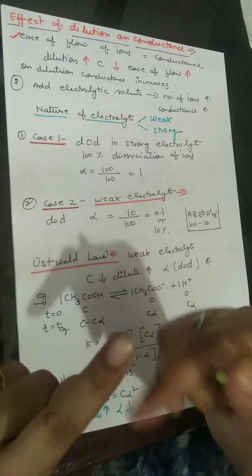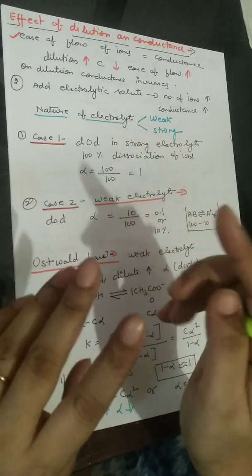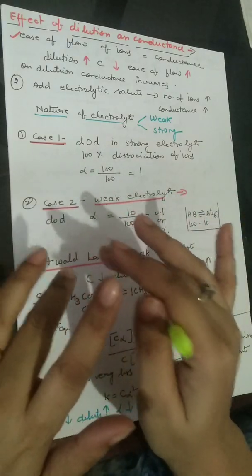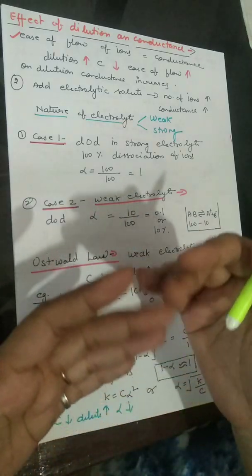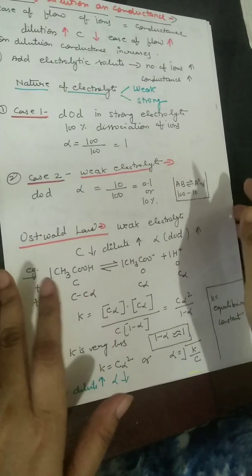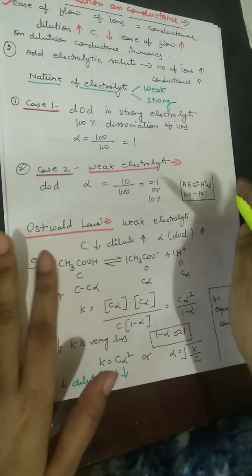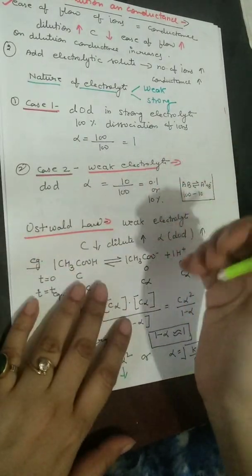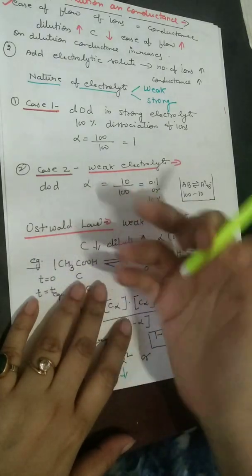But if we are diluting the solution, it means what? Its concentration decreases and the ease of ion flow increases. Okay, now what will be the effect of adding an electrolytic solute to our solution?